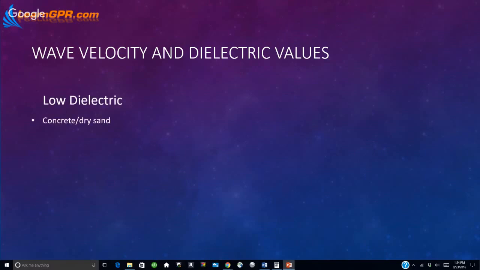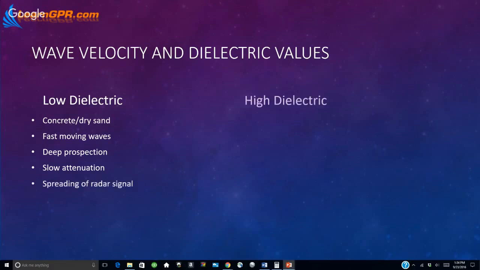Here's a summary. Concrete and dry sand are examples of low dielectric constant materials, right? So here in concrete and sand, waves are moving fast. You get deep prospection and slow attenuation rate, so the signal holds on for longer. In high dielectric materials like wet clay or salt water, you get very slow moving waves.